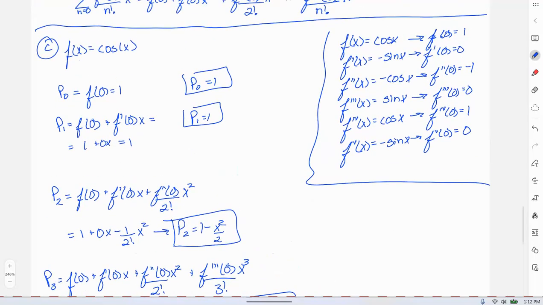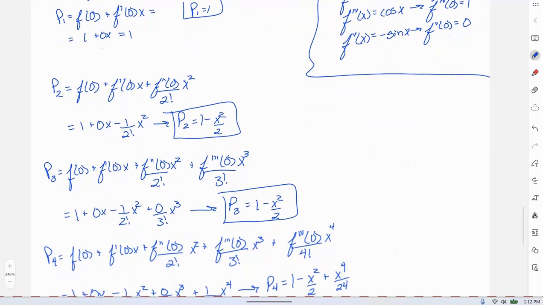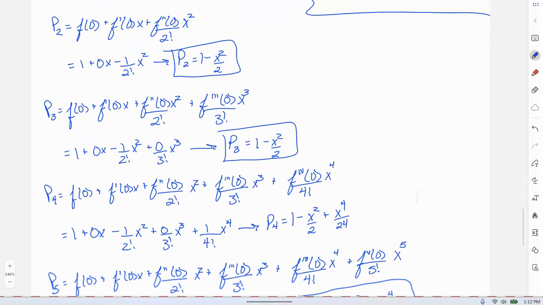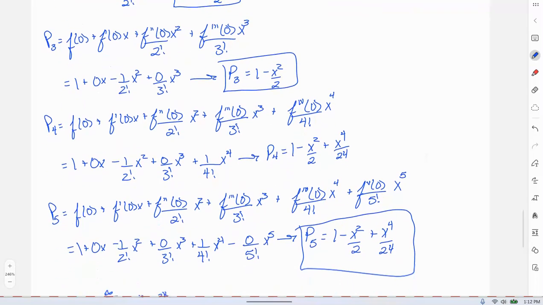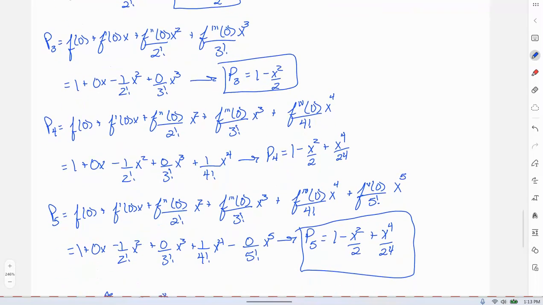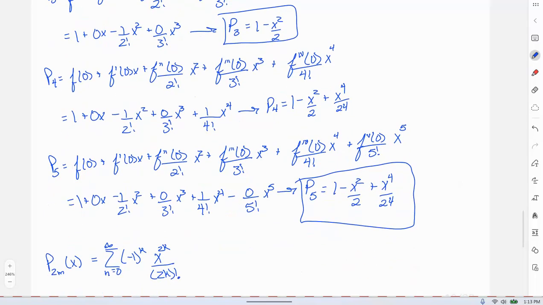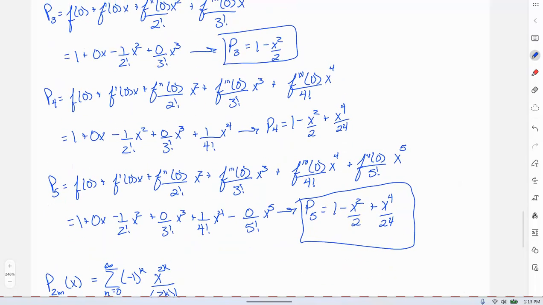Because these derivatives bounce back and forth and we get 0 for some of those, it's going to take some of those coefficients out. That P2 ends up being 1 minus x squared over 2. P3 ends up being the same thing. P4 ends up being 1 minus x squared over 2 plus x to the fourth over 24. And P5 is the same thing. So you can see these are coming out with even exponents.